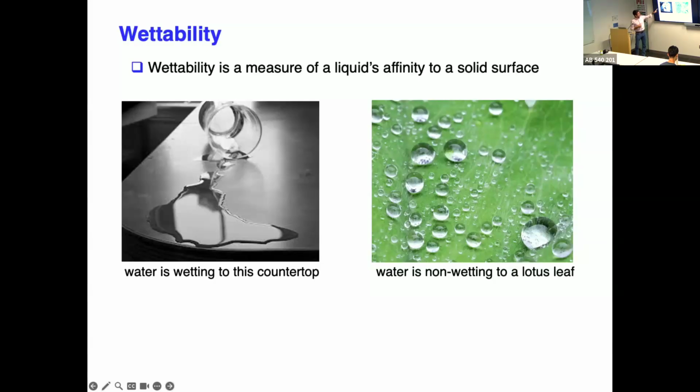Wettability is a measure of the solid substrate's affinity to one of the fluids. Look at this countertop: it is wetting to water, the water spreads, but the lotus leaf is non-wetting.